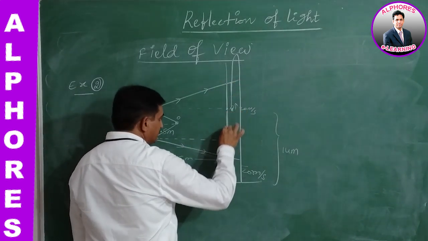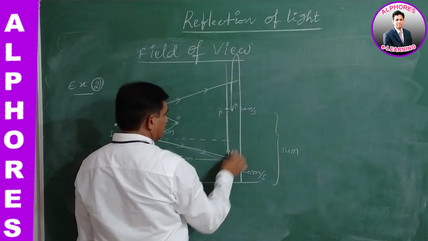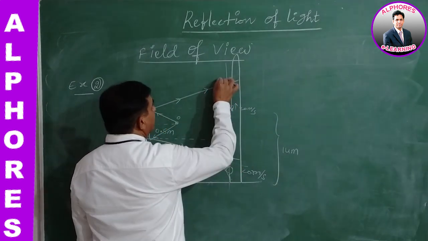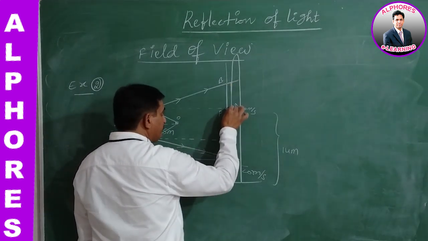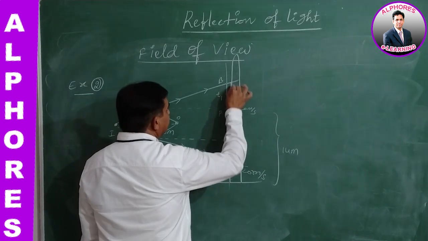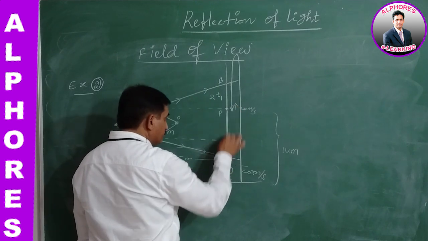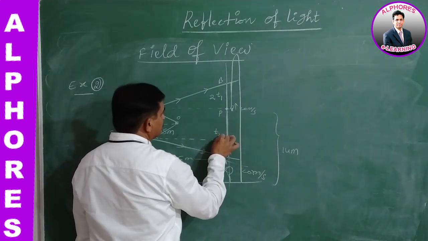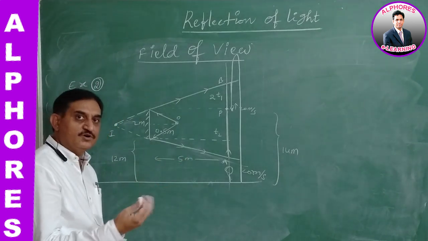Let us consider this is a point P, this is A, and this is B. So P to B and B to P, time will be the same. Suppose T1, and return journey T1, total 2T1. And from P to A, this is T2. Let us find these two, T1 and T2, and you will get the answer.